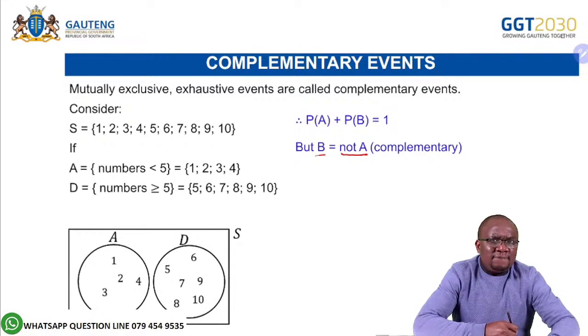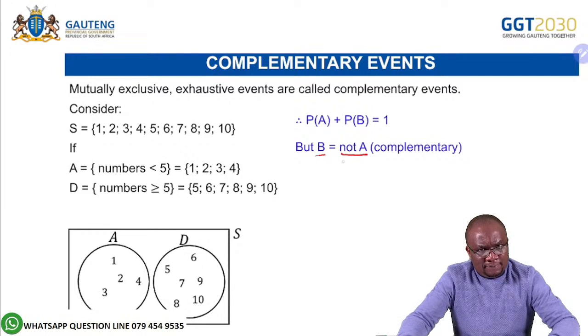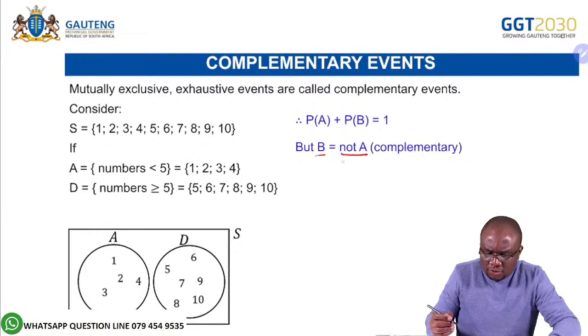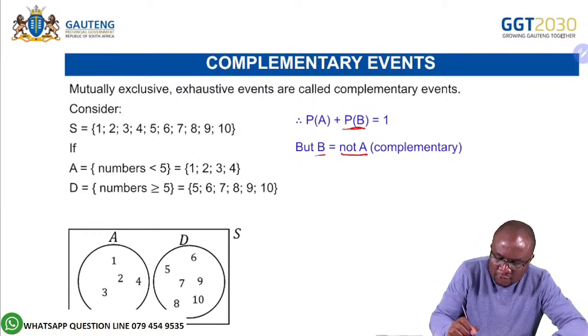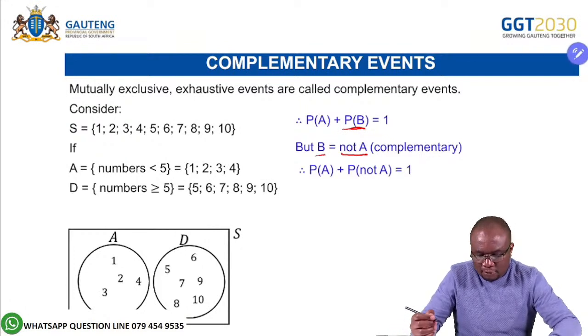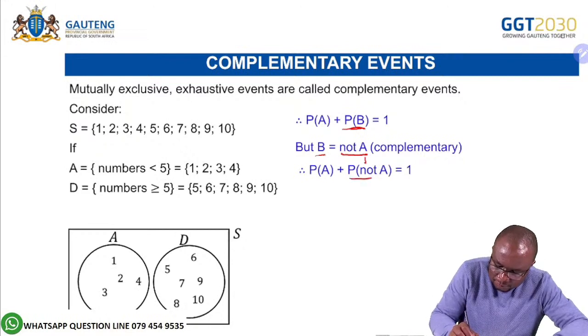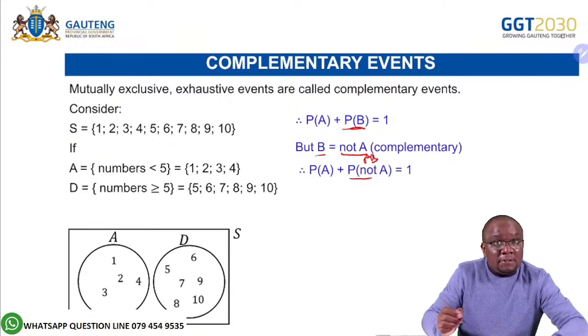So the probability of B is the same as the probability of not A. Where there is the probability of B, we can replace it with the probability of not A, and then we get our equation for complementary events.